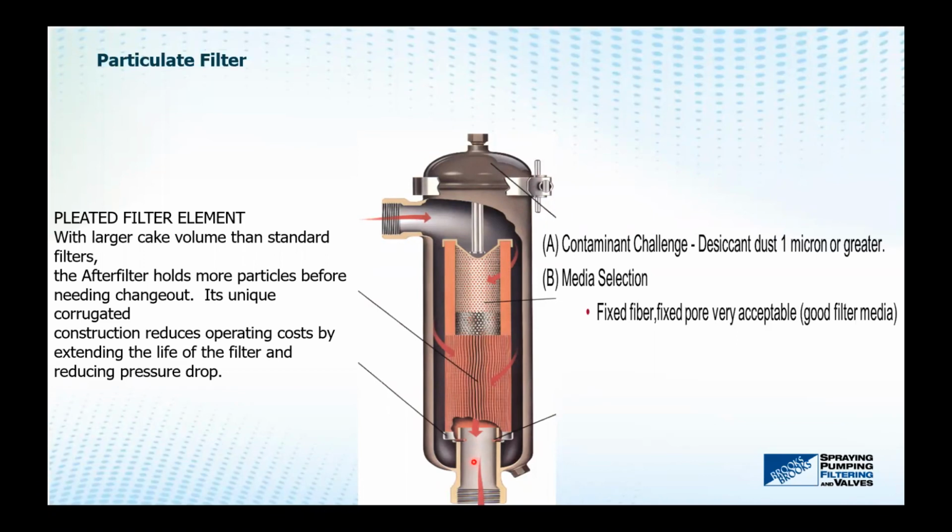These are often rated by a micron size. Typical is 1 or 2 micron. Most desiccant dust is 3 to 5 micron in size. So when you think of the human hair being 70 microns in diameter, and 40 microns being the smallest speck you can see with the unaided eye, we're rating these filters, at least ours, at 0.9 micron absolute, meaning it'll stop everything 0.9 microns and larger, 100%.